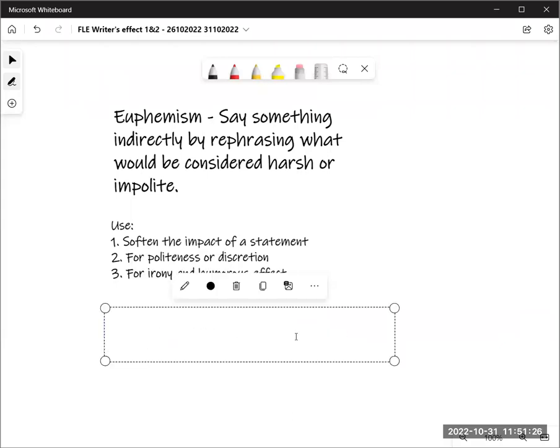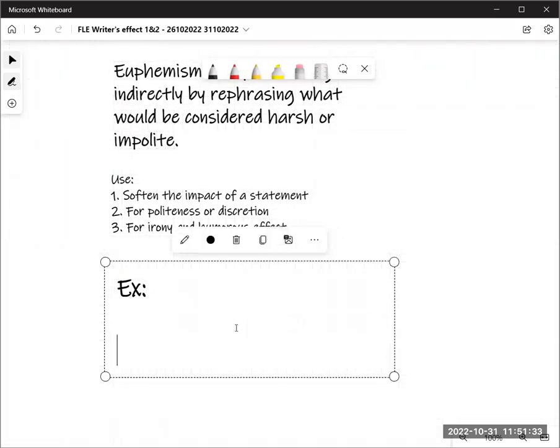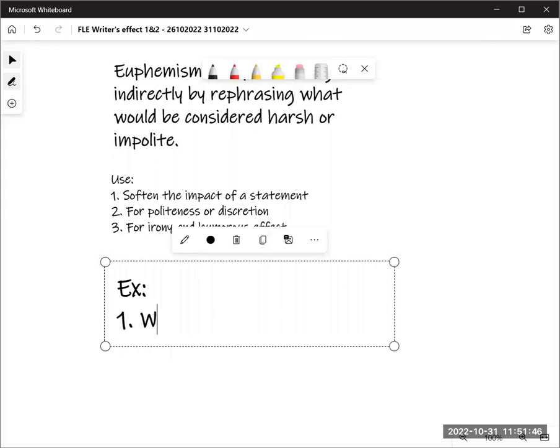An example could be things like, let's say, well off, which actually means rich. Instead of saying rich, I will say I am well off. So that person is well off.